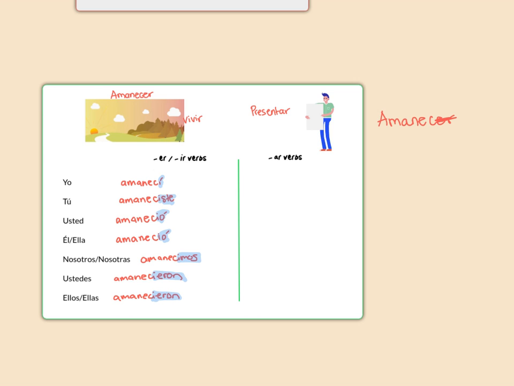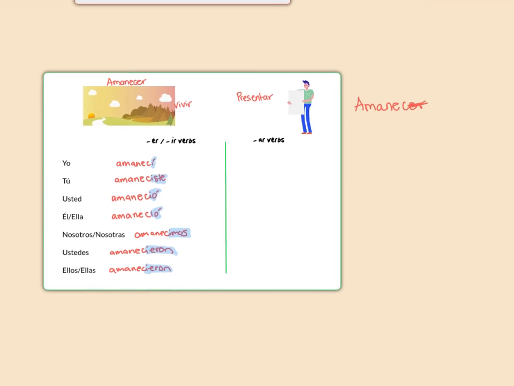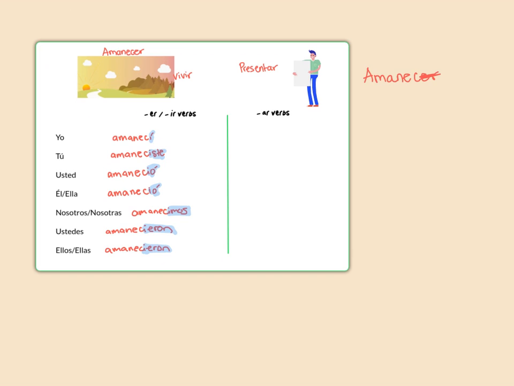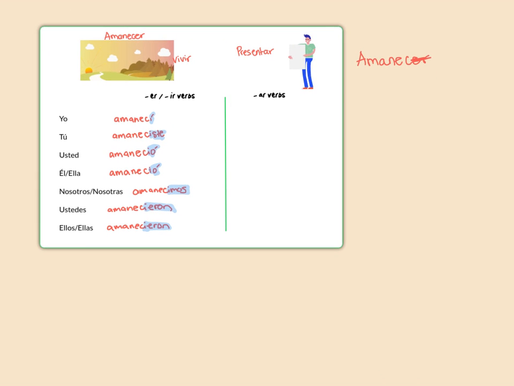Now, one question you may have is, how is it that this verb that I just told you translates to something along the lines of the dawn came or the sun rose, can be used with I or you or he or she? Because in English that doesn't make much sense. And that's because in Spanish this verb is used a little bit differently. You can say yo amanecí, tú amaneciste, usted amaneció, él o ella amaneció, because it translates more so to the state or how you awoke.